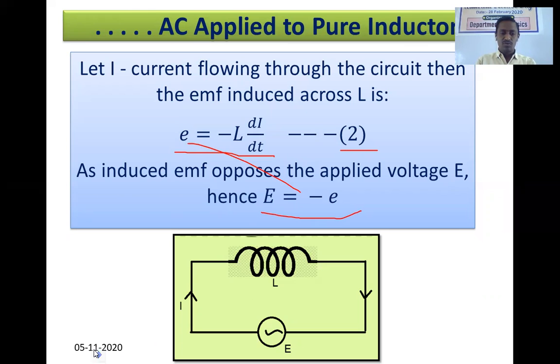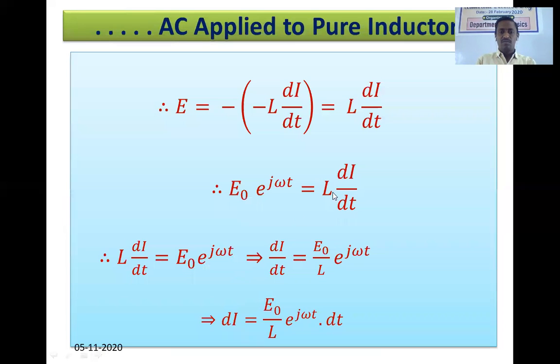Therefore, the value of the applied voltage is obtained as E equals minus of minus L di by dt, where the negatives cancel, so E equals capital L di by dt. Now put the value of this applied EMF from equation number 1, which is E0 e to the power j omega t equals L di by dt.